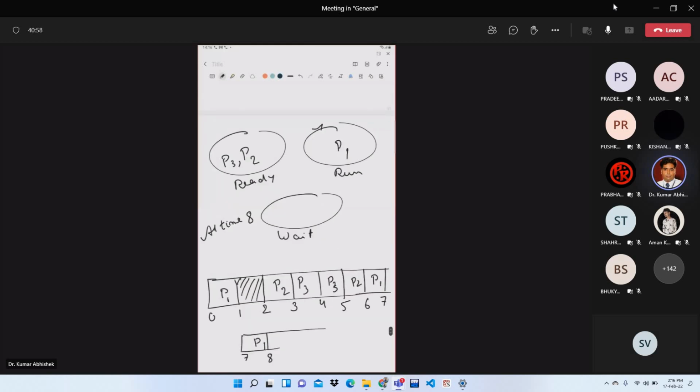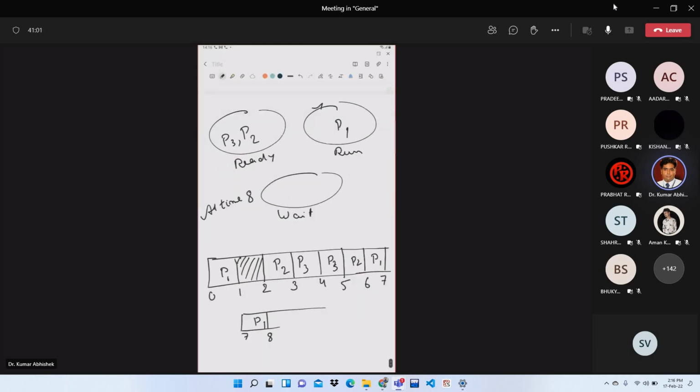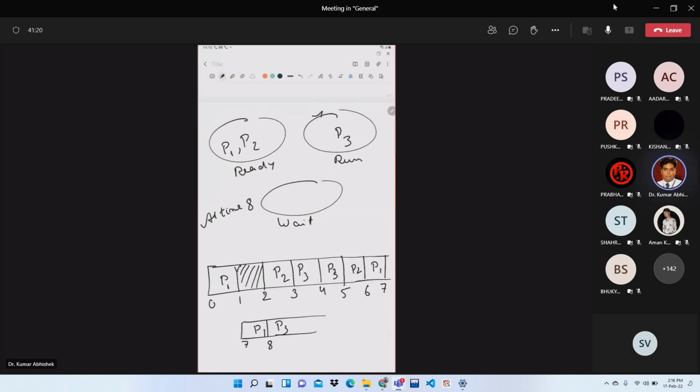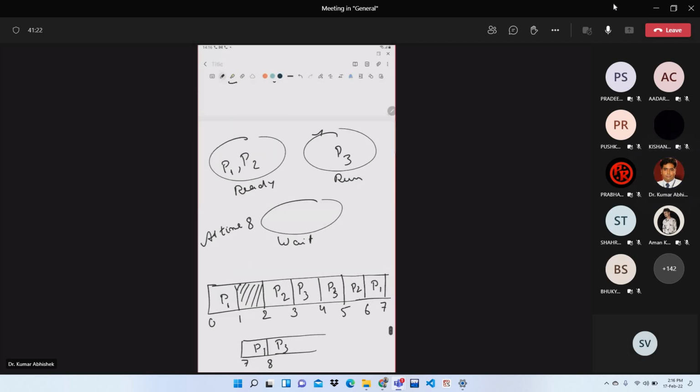What is the highest priority? P3 has the highest priority at time 8. What will execute? P3 will execute. So there is again a change over here. So over here we will have P1, P2, and over here we will have P3.